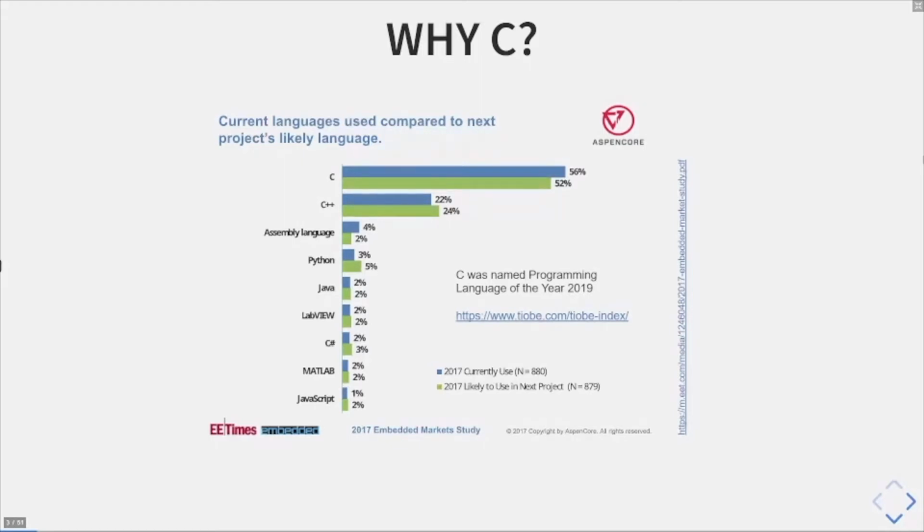It has been around for quite some years as well. And there are still updates to the language nowadays. I think a new standard is coming out this year, which adds some new features to C. Other than that, this is from a study from Aspencore, which basically looked at what kind of languages are used for which embedded project, and what you see is that C is still prevalent there compared to others.